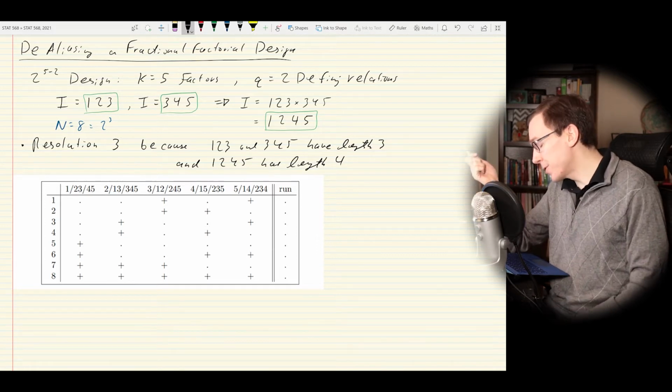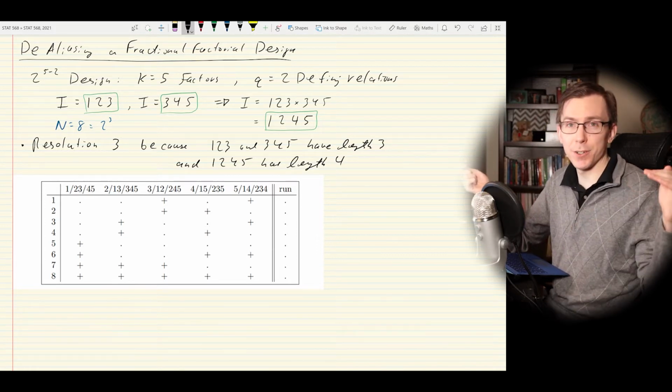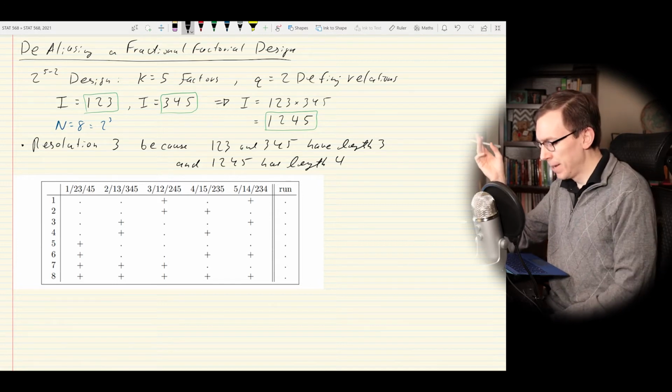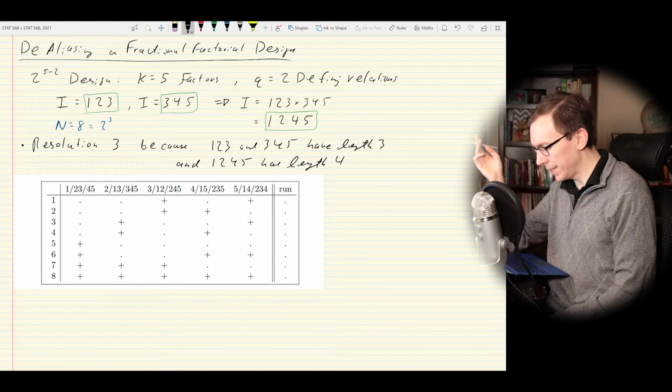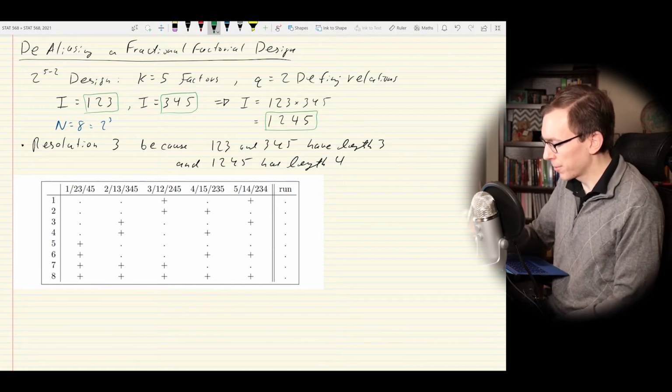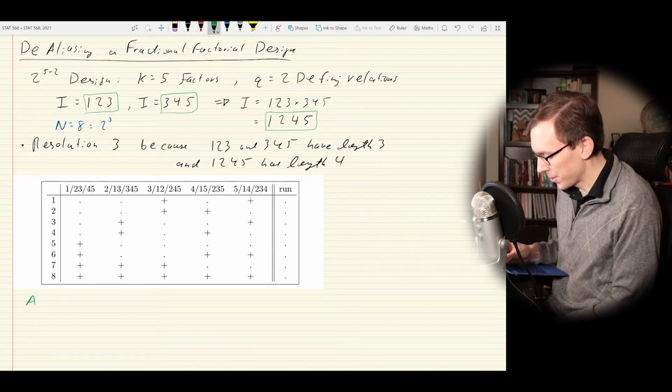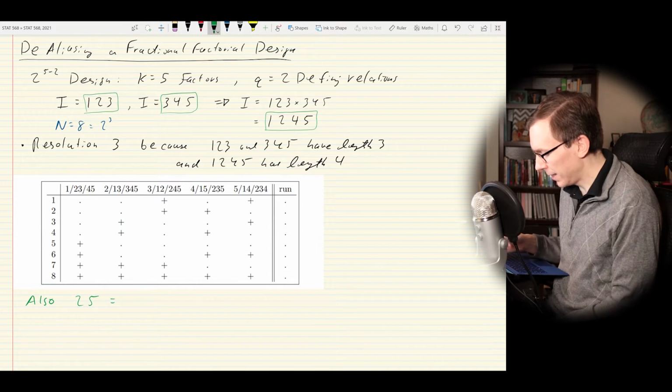There would be 2 more columns corresponding to 2 more rows in our ANOVA table, which through a quick scan is probably going to be, well, I think 2,5 doesn't seem to be. Maybe I'll throw that in here. Also, we would have that 2,5 is aliased with 1,3,5.